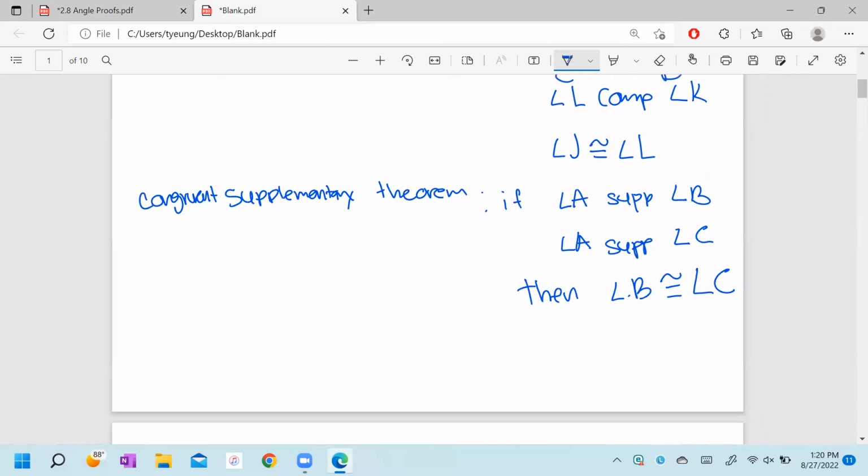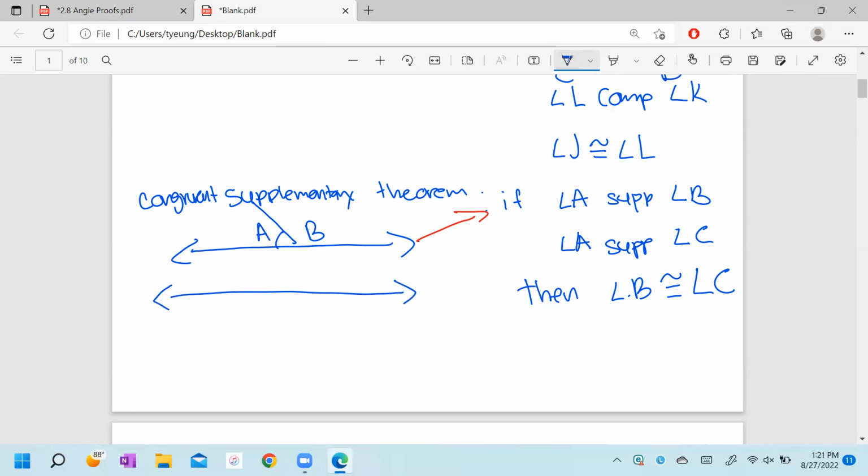Yeah. So actually, I want to put some pictures for you guys. So using the first theorem, right? This is angle A. This is angle B. And this is also angle A again, right?